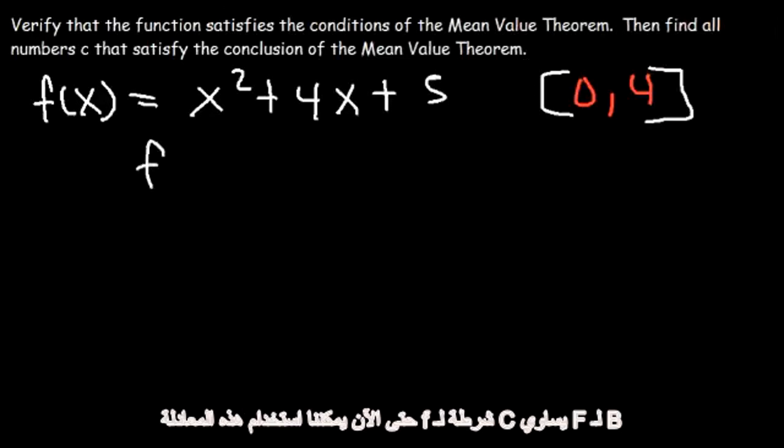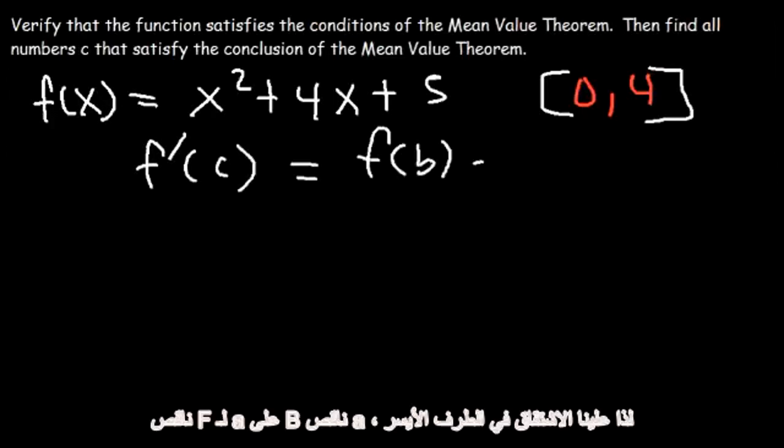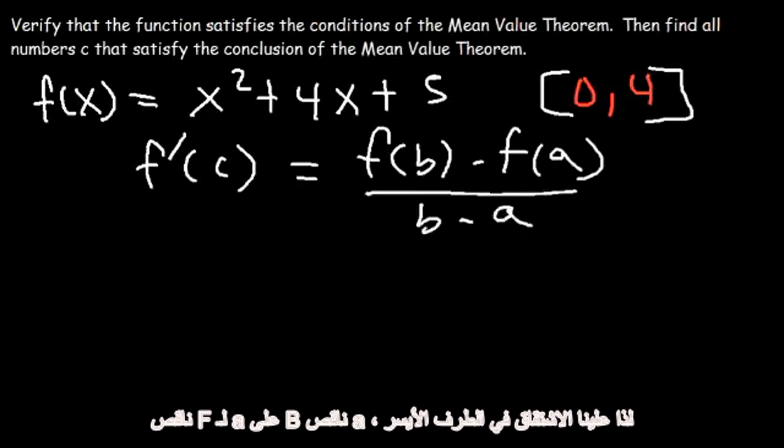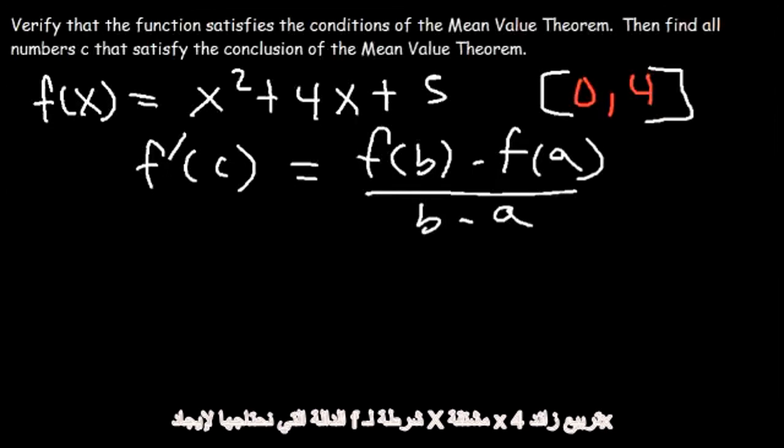So now we can just use this equation. f prime of c is equal to f of b minus f of a divided by b minus a. On the left side, we need to differentiate the function. We need to find f prime of x.